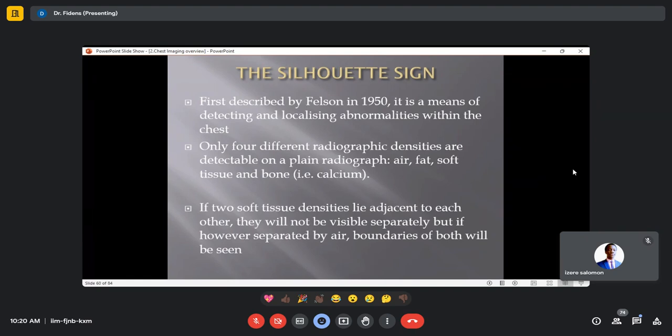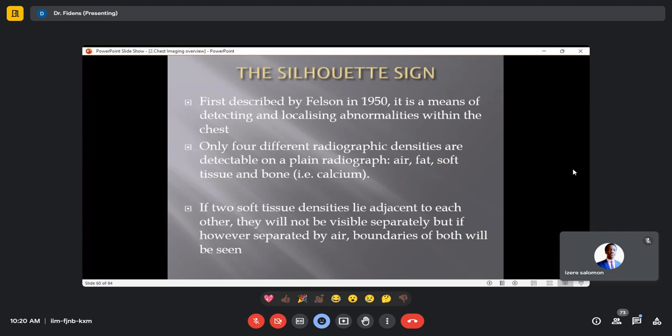The same for the right upper lobe. Those opacities are not in the same plane, and not in contact with the heart shadow.